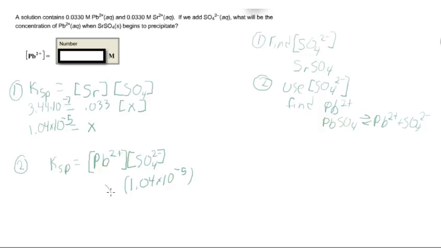We don't know the lead, and we can look up the KSP of lead sulfate, and that's 2.53 times 10 to the negative 8th.